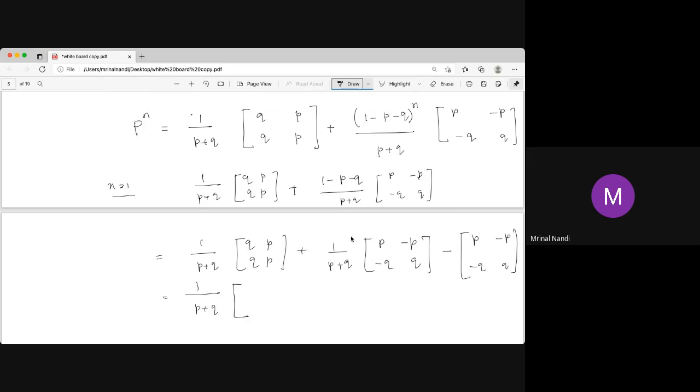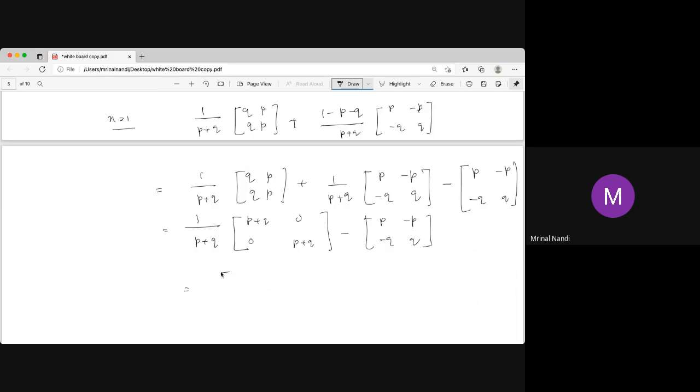Take 1/(p+q) common: this is 0, this is 0, this is p+q minus p minus q. Then what is this? This is the identity with 1-p-q. Oh, we get this.